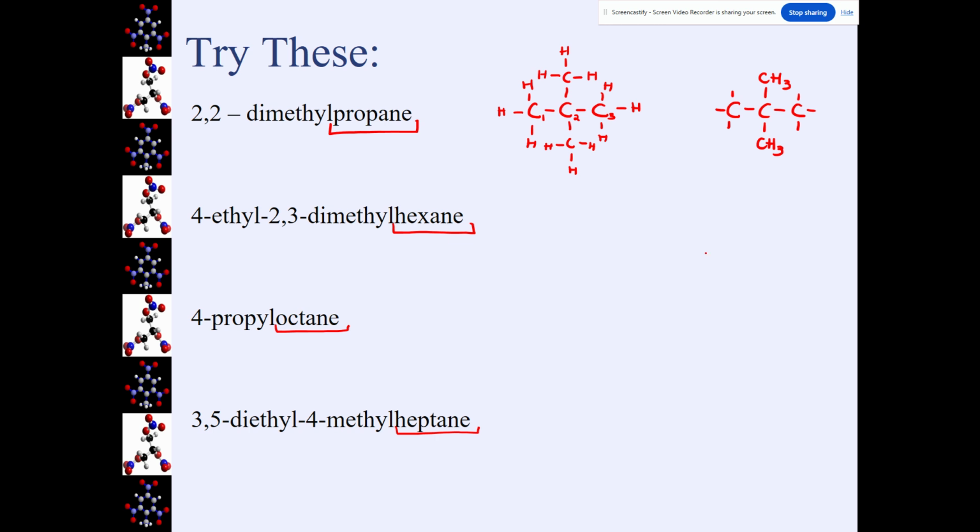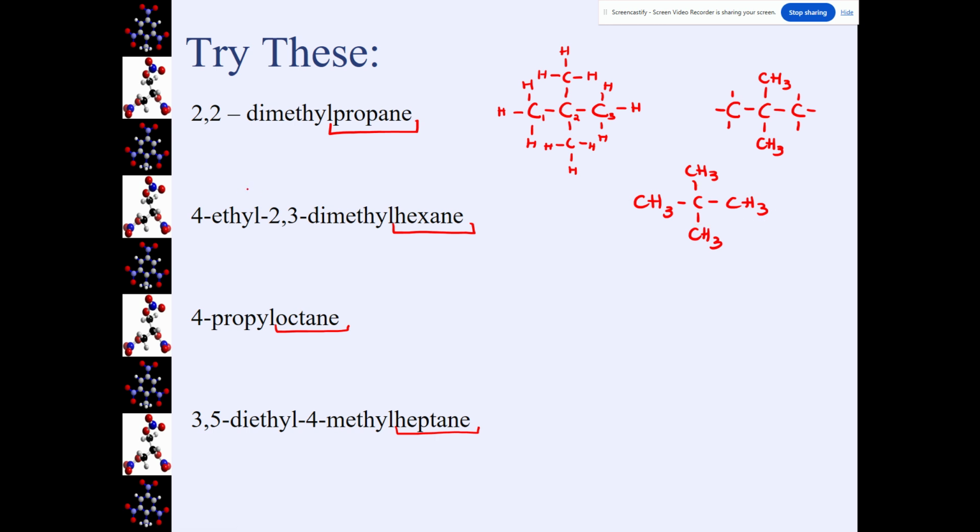But I could also condense the whole thing and make it CH3 to C to CH3 to CH3 to CH3, right? This is still my parent chain. The CH3s don't have to be the branches. They're just a condensed form of showing how many hydrogens are on the carbon, okay?